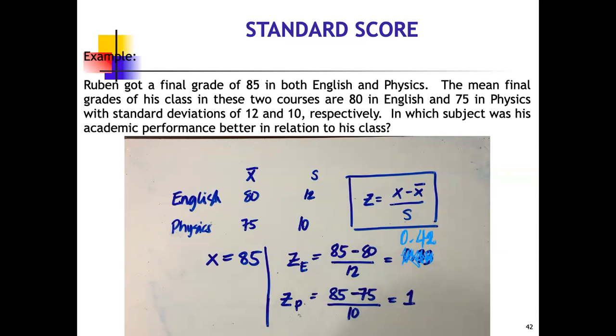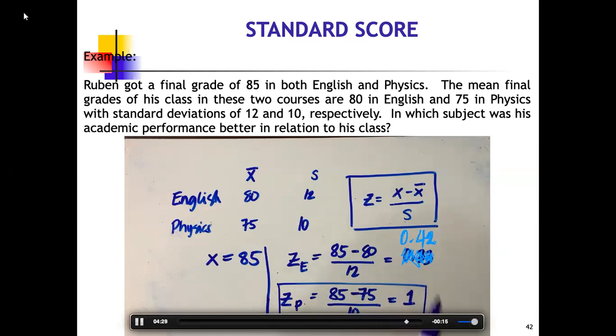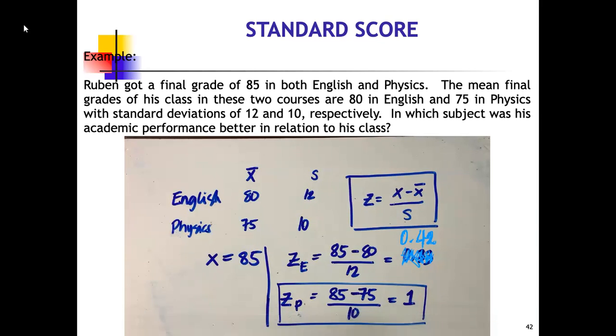That means he performed better in physics, because his grade of 85 is 1 standard deviation above the mean, compared to his grade of 85 in English, which is just 0.42 standard deviations above the mean. That is how we interpret the concept of the standard score, also referred to as the z-score.